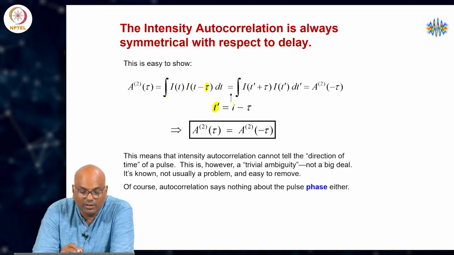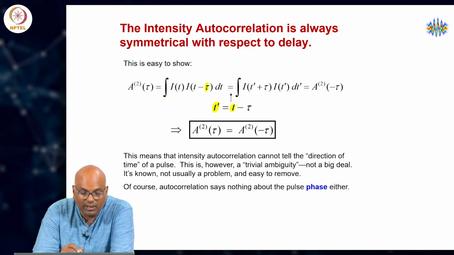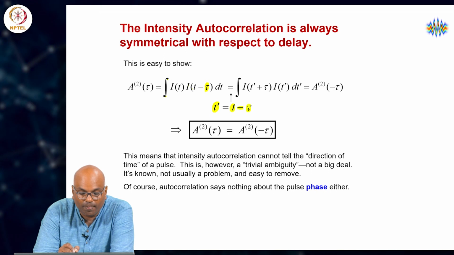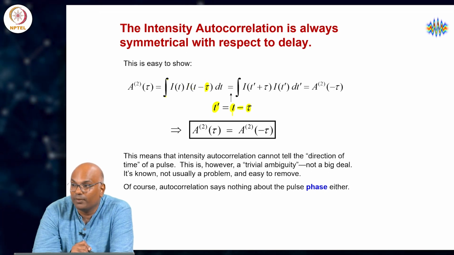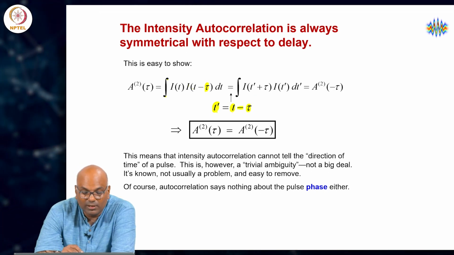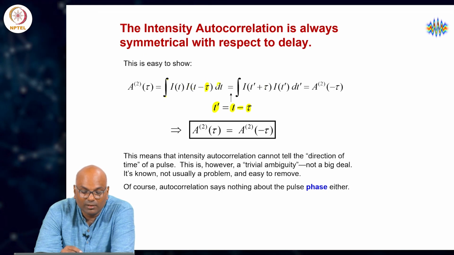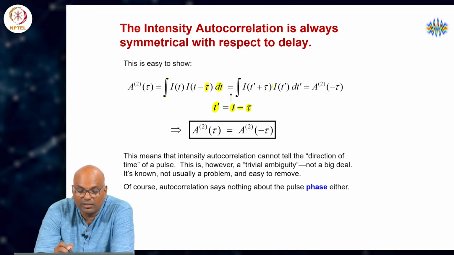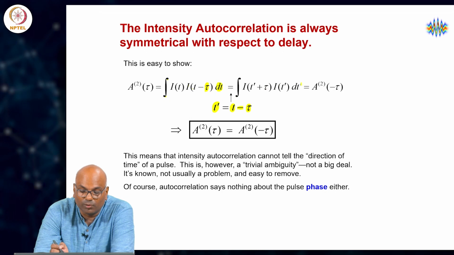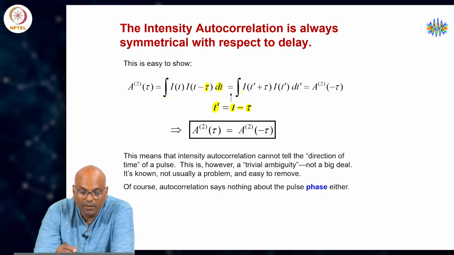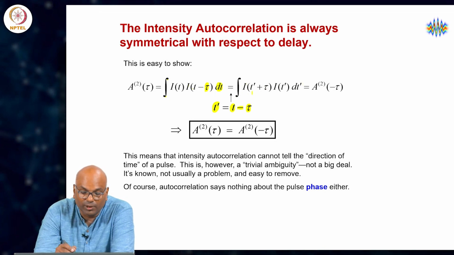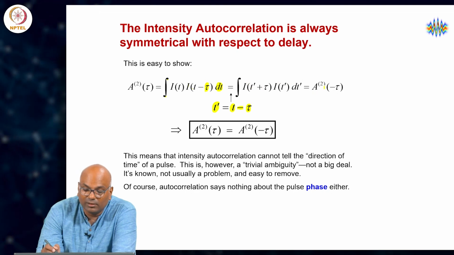T prime is defined with respect to t as t minus tau. Now, as a consequence, just replace the dt's and the t's in the integral with t prime. Please do this, we are doing this very well.